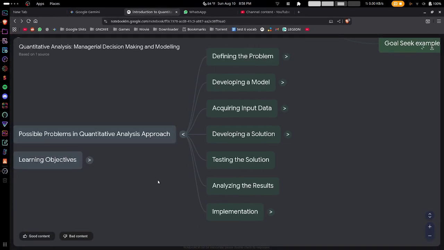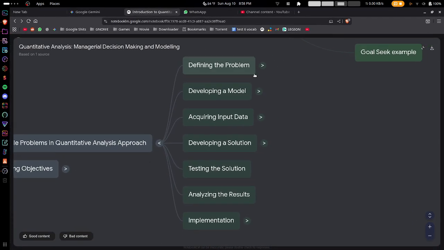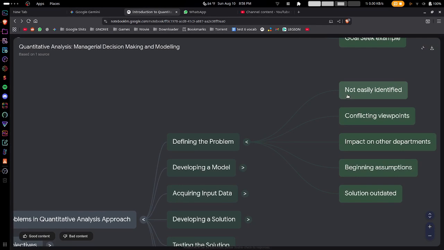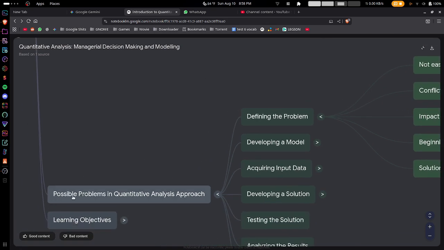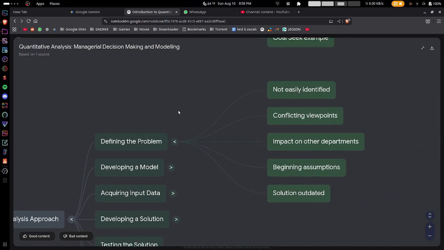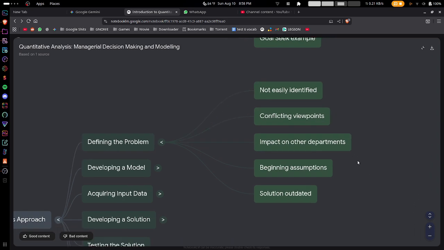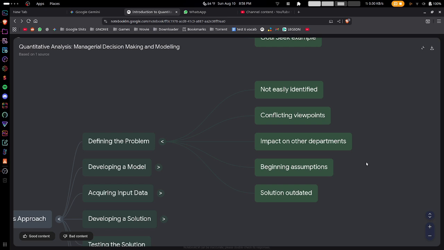Let's get to the definition. Problem definition is not easily identified, and there may be conflicting viewpoints and impact on other departments.